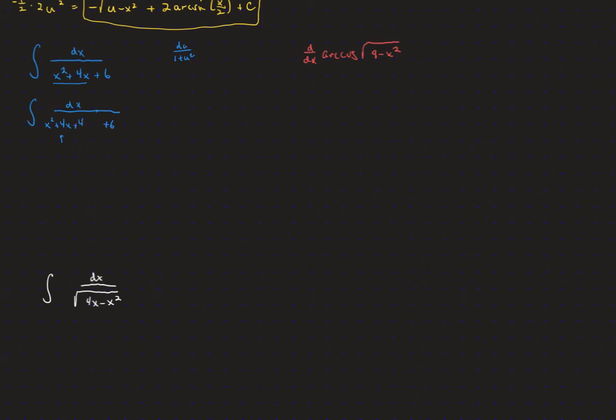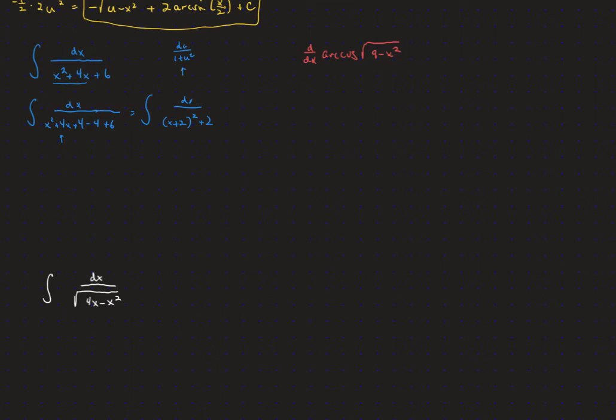So I'm going to add in the 4, and then I'm going to turn right back around and subtract it off. So I've really just added 0, but with a purpose. So this now will become dx over, and that x squared plus 4x plus 4 will factor into x plus 2 squared. The negative 4 plus 6 is going to be a plus 2.